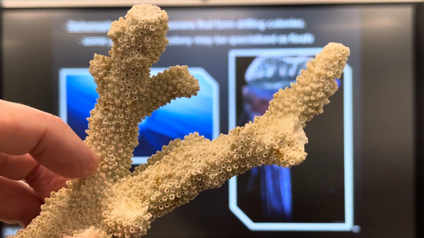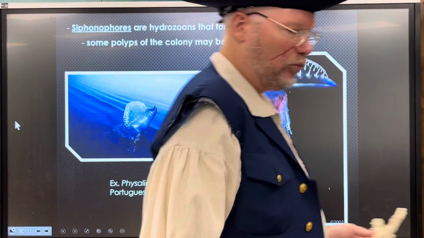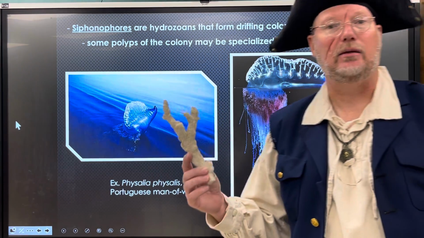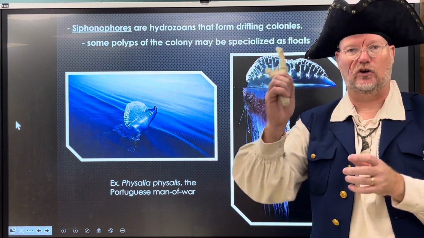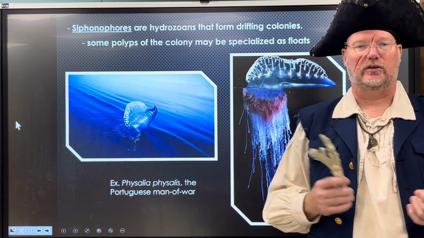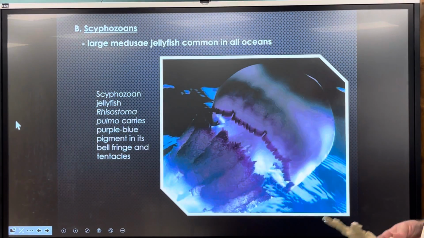Each of those holes was a polyp before it was killed in some way. Most likely some diver many, many years ago broke this off, because it's illegal to do that now, and dried it out in the sun and sold it somewhere. Used to be legal, but now obviously it's not.